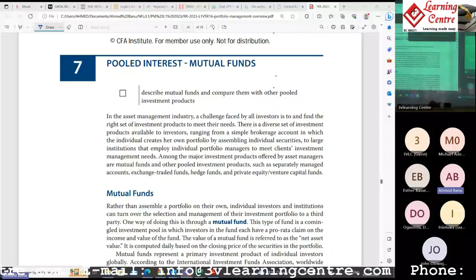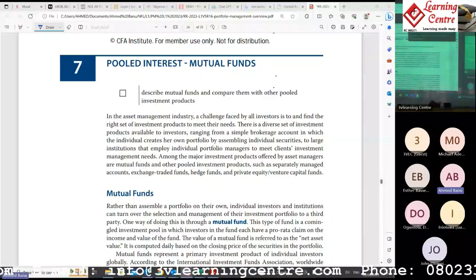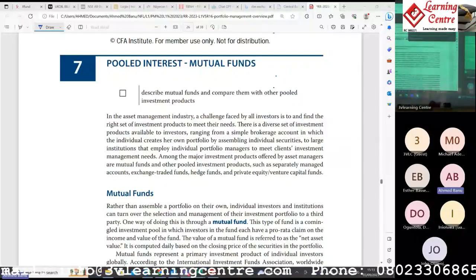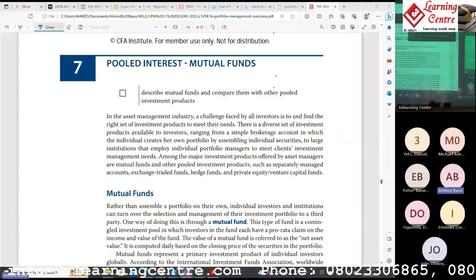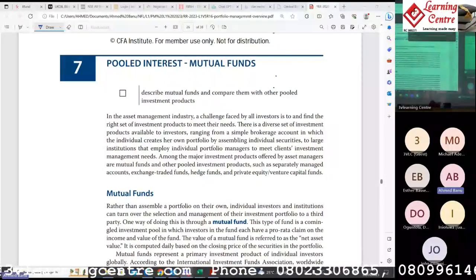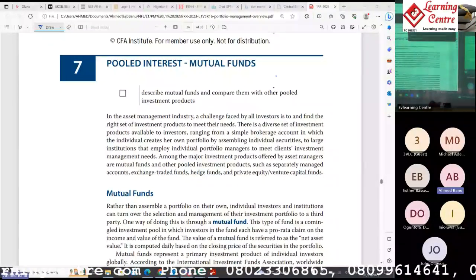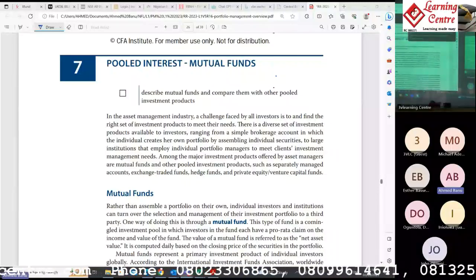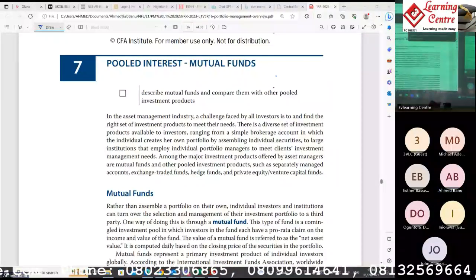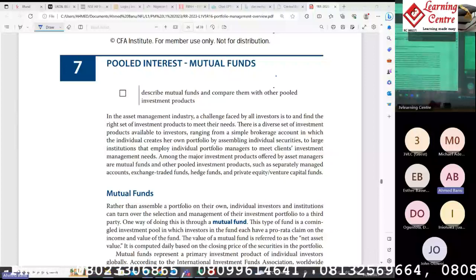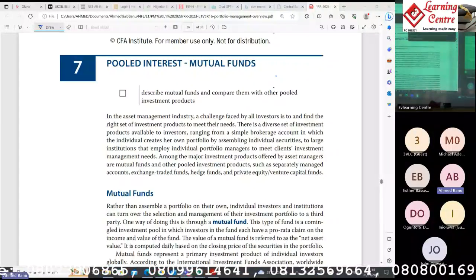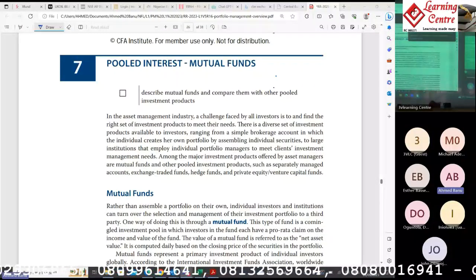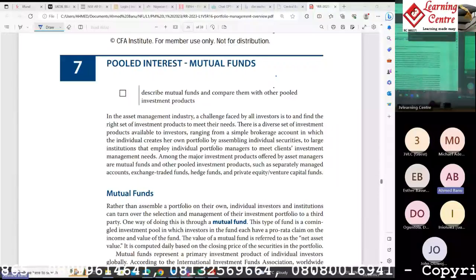What do we mean? Everybody in this class, we're about 7 of us, can decide that we want to buy, say, my house. Hypothetically, the value of my house is 100 million.